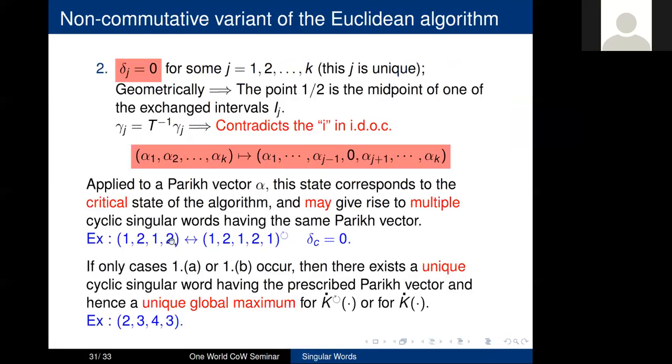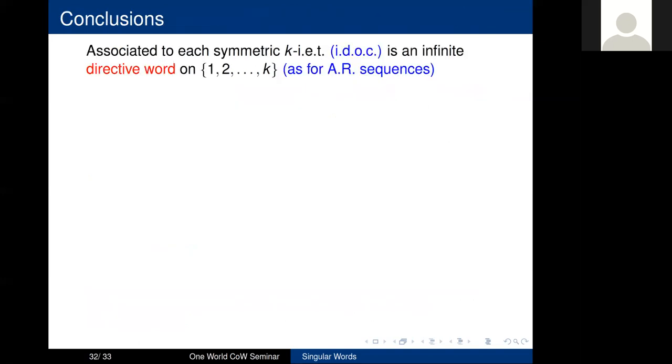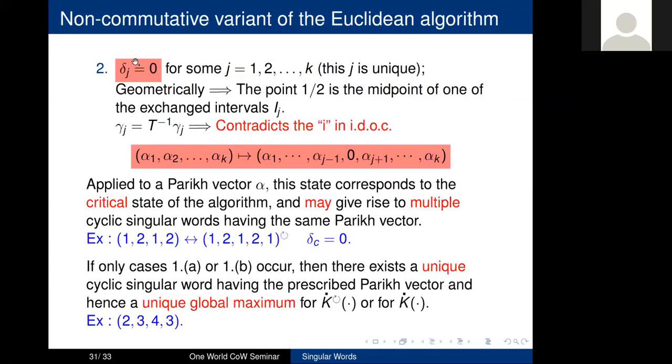If you apply this algorithm to a paired vector, so forget interval exchanges for a moment, and you ever land in the case where delta J equals 0, then I get the impression that, at least in our combinatorial algorithm, this process is very far from being morphic. So I'm wondering if, when you're dealing with interval exchanges, if you land in a situation where delta J equals 0, whether this can be done morphically or not. In the other cases, you can.